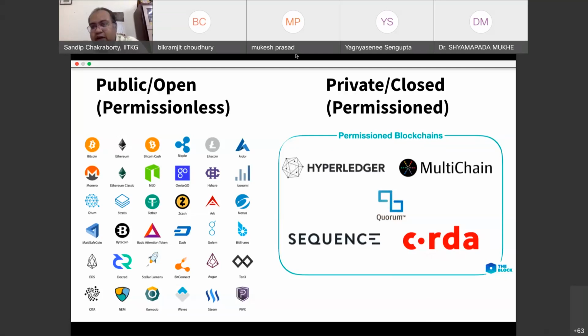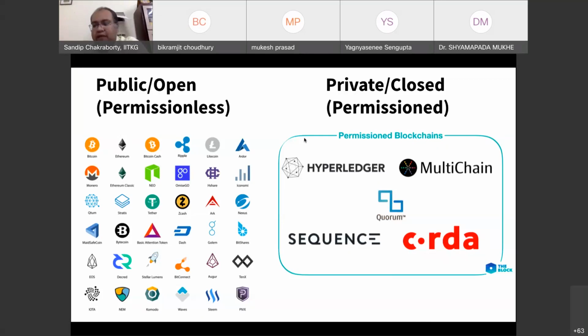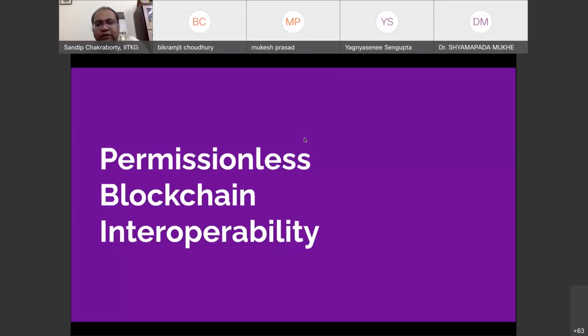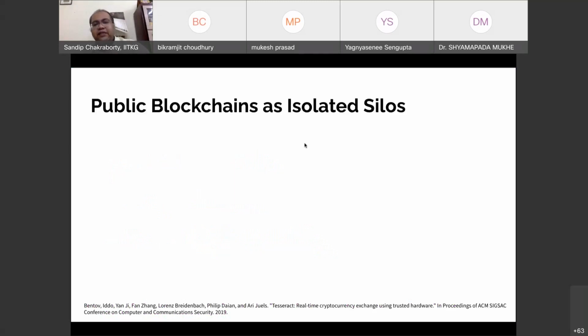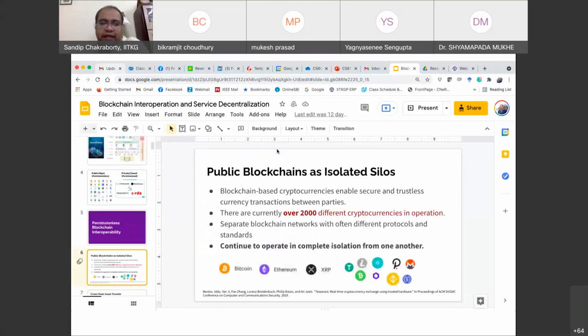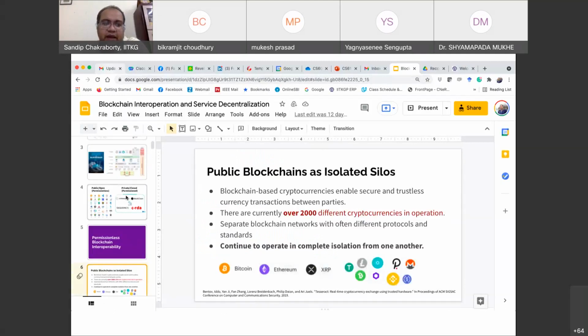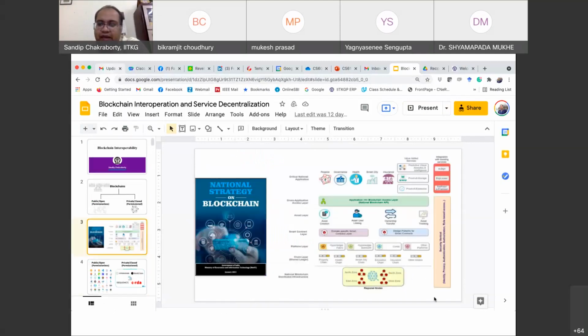Similarly, in the private or permissioned domain, people have used Hyperledger for developing their applications, Corda for developing their applications. So different applications have utilized different blockchain platforms. And as a consequence, the entire solution space has expanded to a multi-platform architecture. It basically means that different solutions are utilizing different platforms.